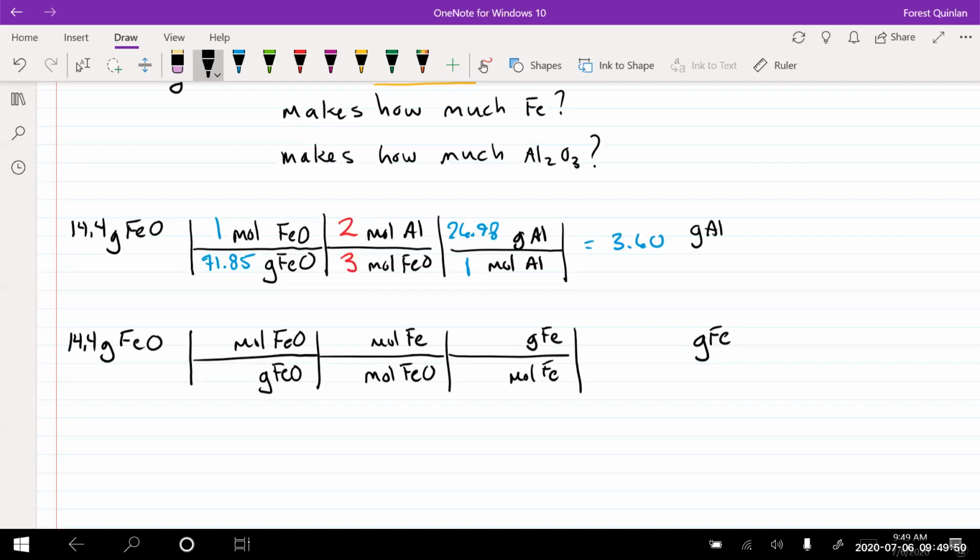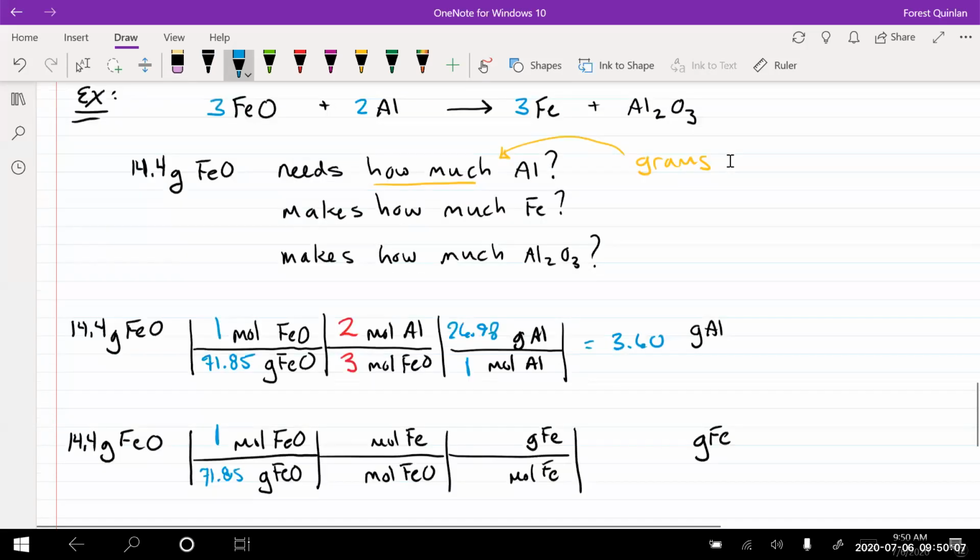I'll go to the periodic table. The mass of FeO is 71.85, and since it's the periodic table, there's 1 mole there. Let's look at the ratio. How many FeOs do you see up there?